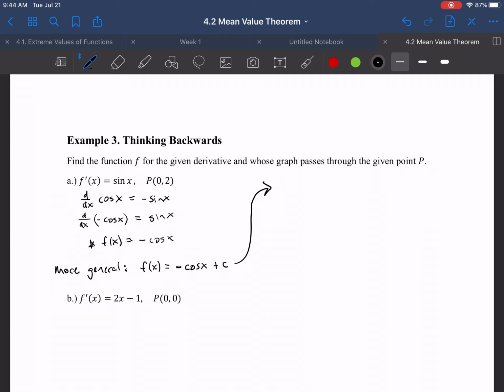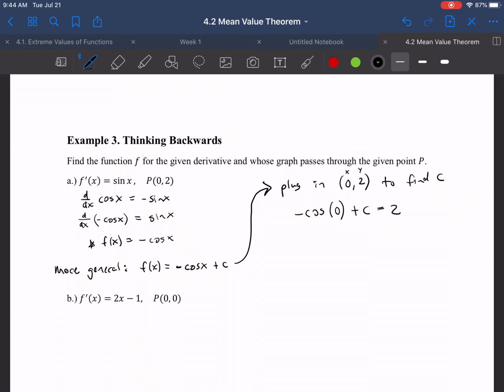So now we just plug in 0, 2 to find c. So we have negative cosine of x, so that's a 0, plus c, and it has to equal 2 because this is x, this is y, all right? And f of x is just y. So it has to equal 2.